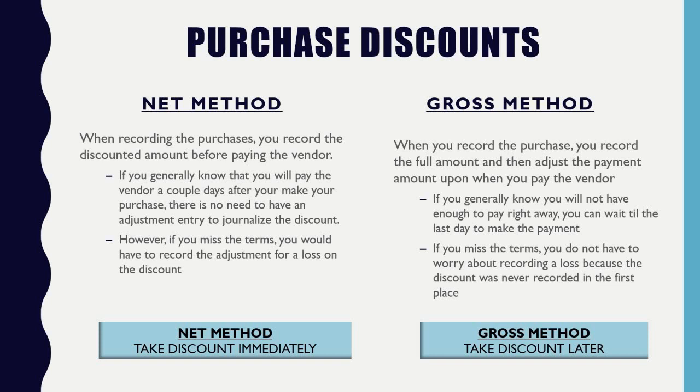If not, you don't need to worry about it. You just pay whenever the bill is due. Most small and common businesses typically use the gross method because they may not have enough money to cover these costs right away, especially when purchasing thousands of dollars worth of inventory.